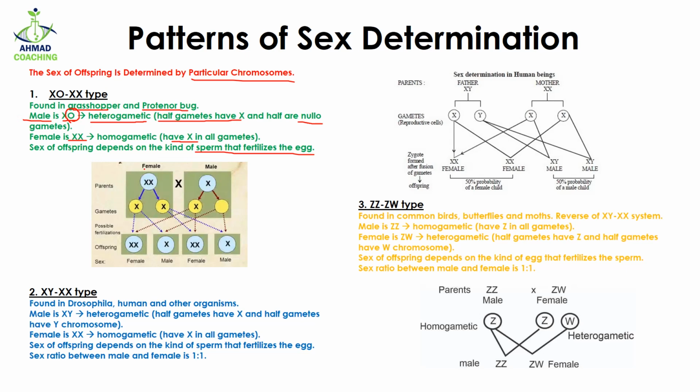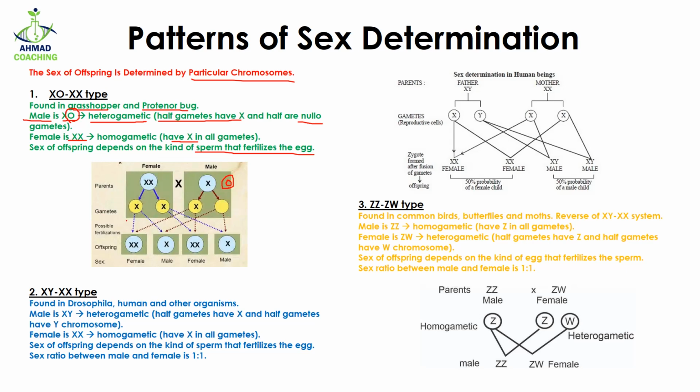Here we can see that the female has XX chromosomes, while the male has only one X chromosome because the other chromosome is nullo or zero. So when the female produces gametes, they are going to be X, but when the male produces gametes, they will have X and nullogamete. Nullogamete means that there is no chromosome present in this gamete.